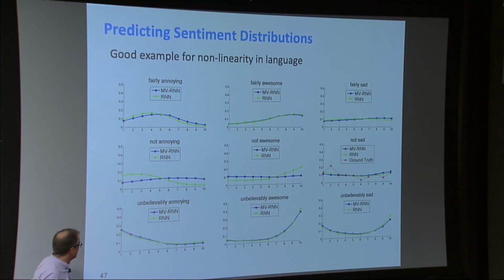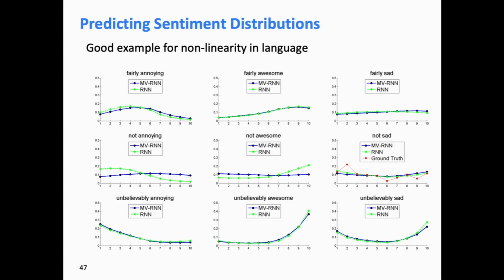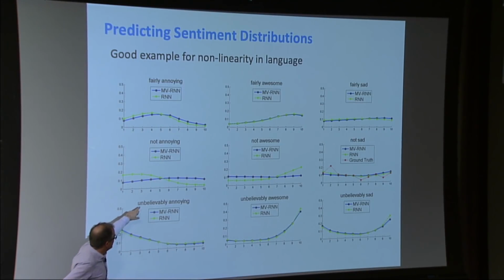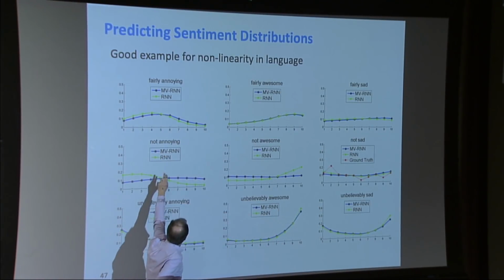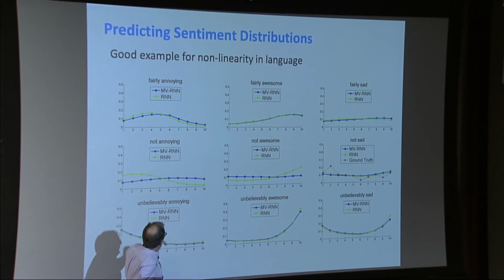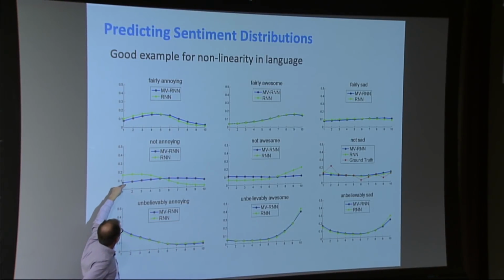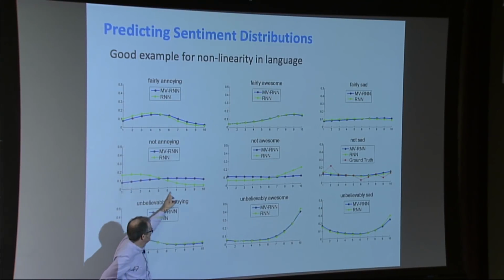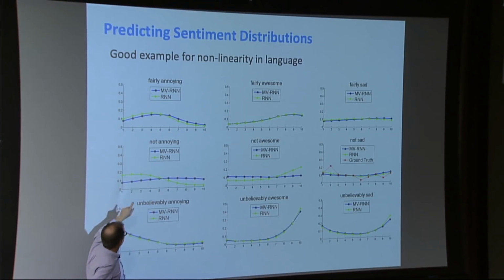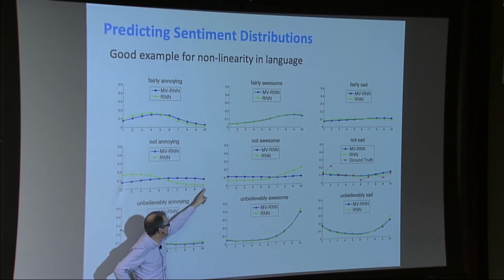So here's a neat thing that we were able to do with this. We wanted to be able to work out the semantics of an operator modifying another word. So: unbelievably annoying, unbelievably awesome, unbelievably sad, not annoying, not awesome, not sad. This was contrasting our old model versus the new model, on a scale of positive to negative, so completely negative to completely positive.